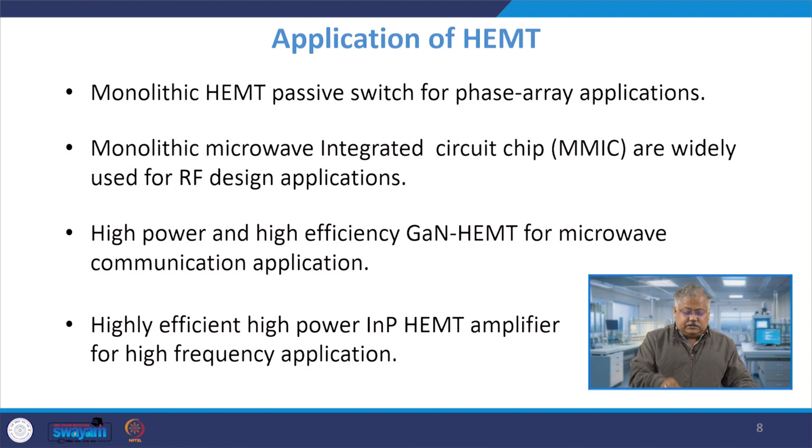We have already discussed this point time and again. I will quickly go through them: you have a monolithic HEMT or passive network for phased array applications, and you have high power and high frequency gallium nitride HEMT for microwave communication applications. We also use indium phosphide high power, high efficiency HEMT amplifiers for high frequency applications.